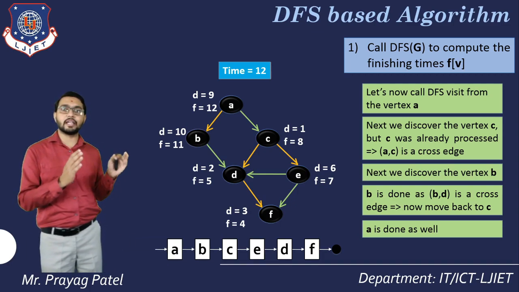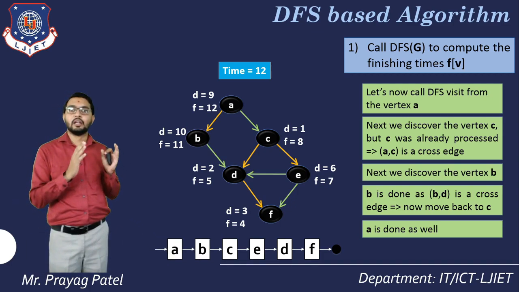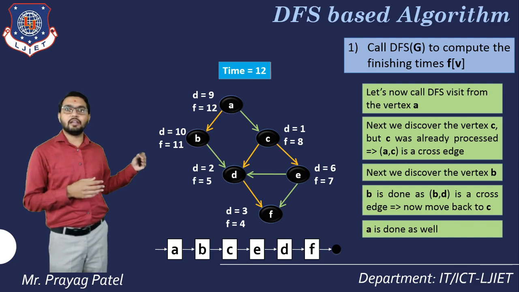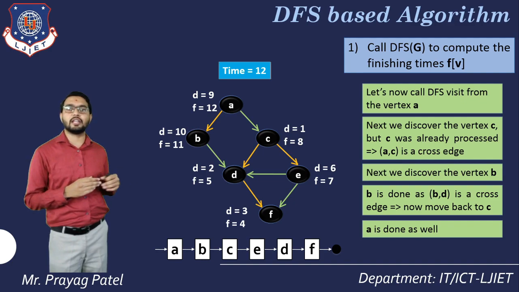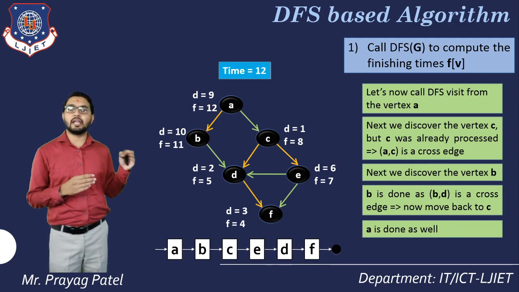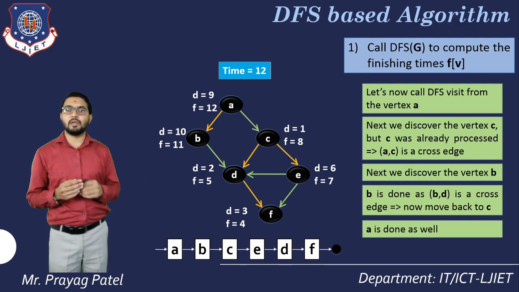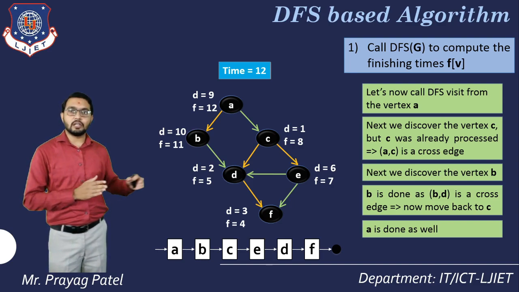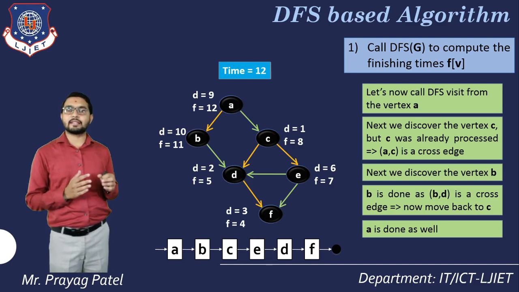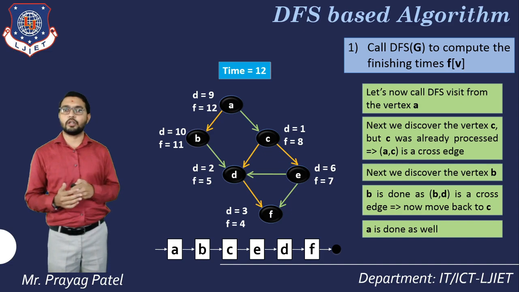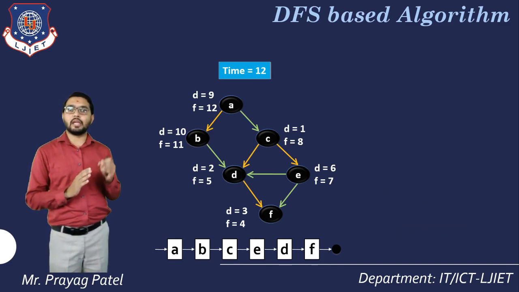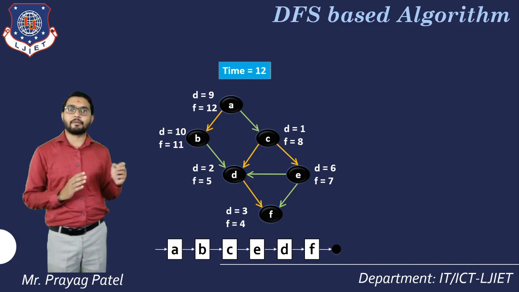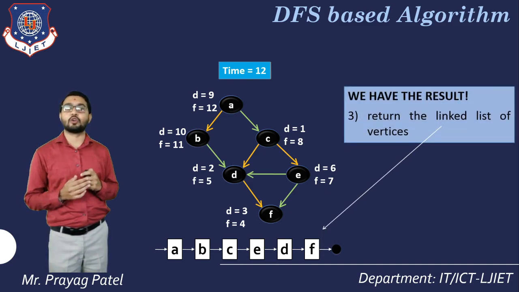Now consider the sequence or list for the linked list. Here we insert the nodes one by one in this list. First insert F, then D, then E, then C, then B, then A. So this ascending order is your topological sort order, meaning we can say that A, B, C, E, D, F is the topological sort order.